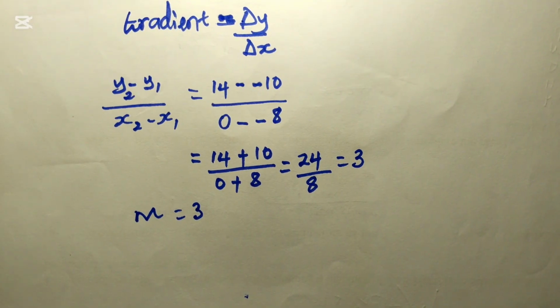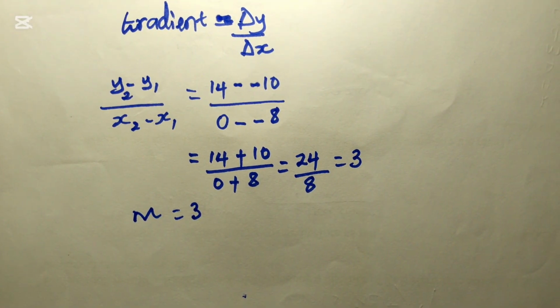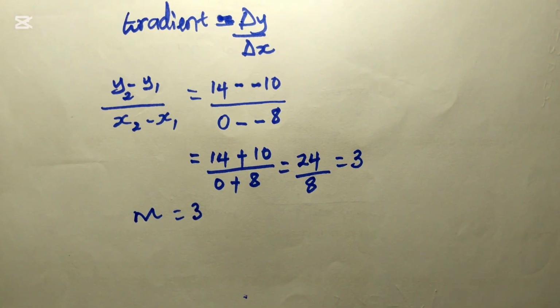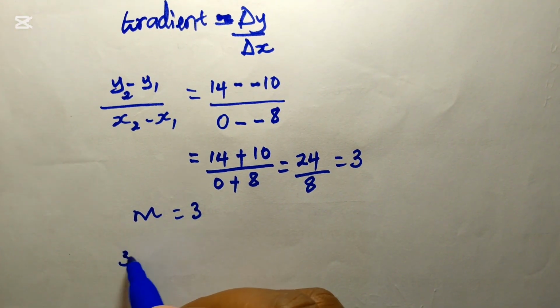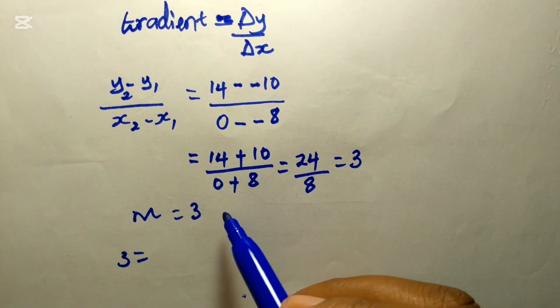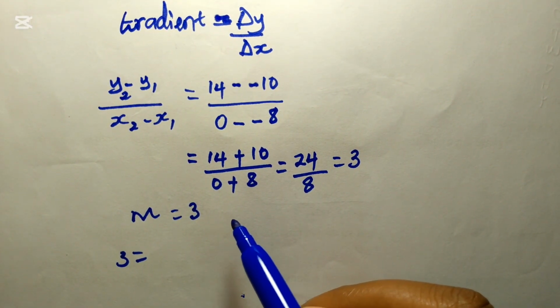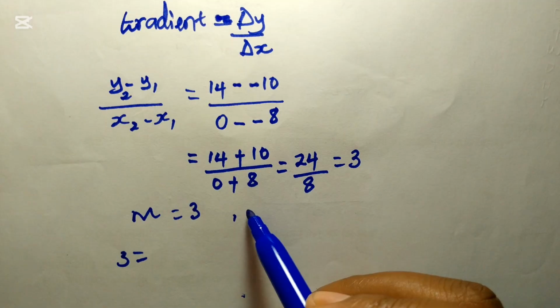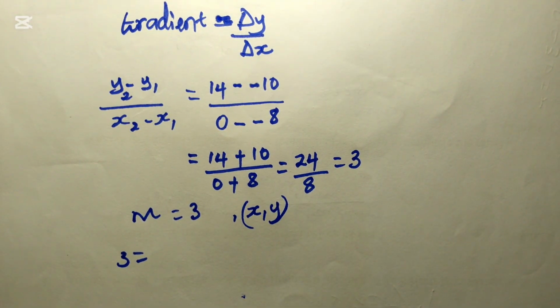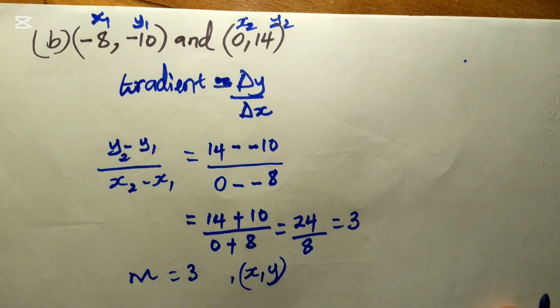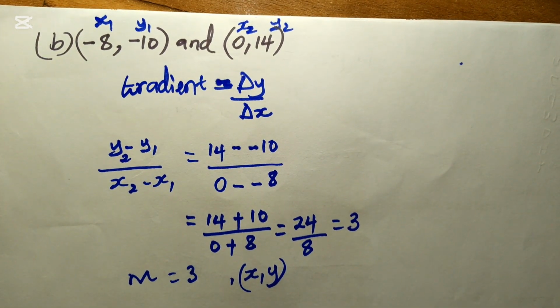From there, we can get the equation of the straight line, which is given by the gradient being equal to, as we said in part A, another unknown point (x, y), and then we choose one point from the ones given.